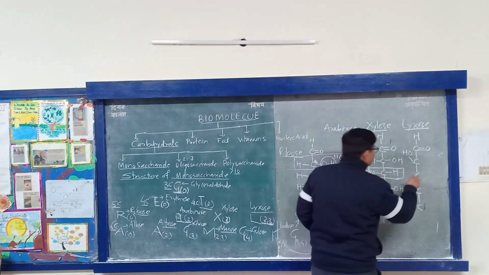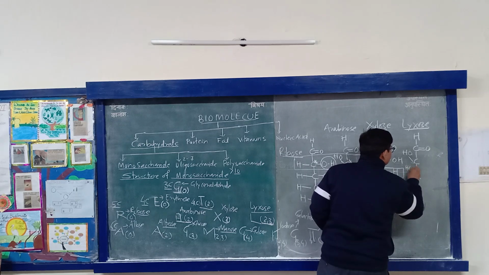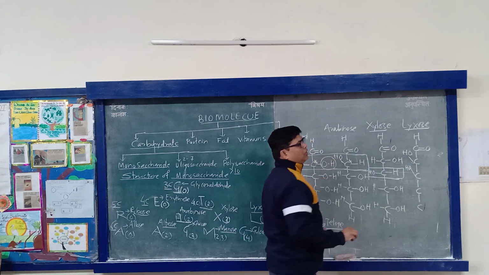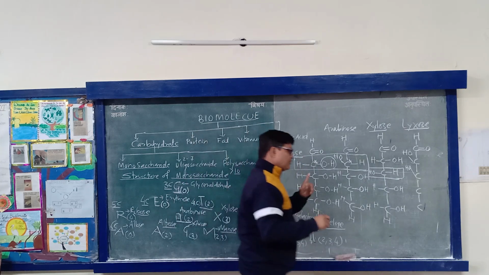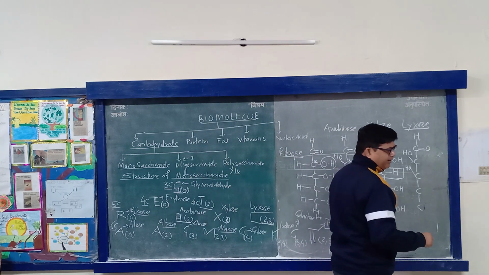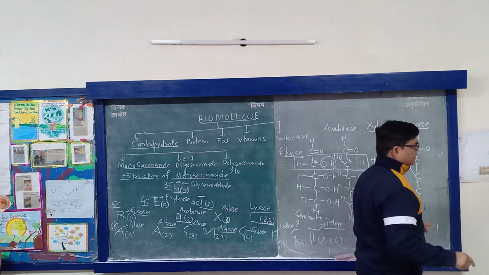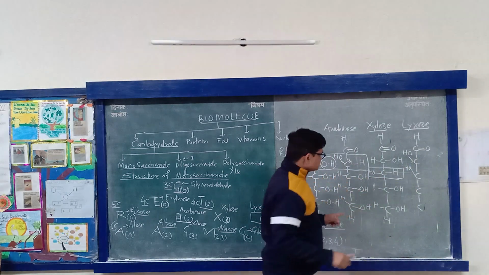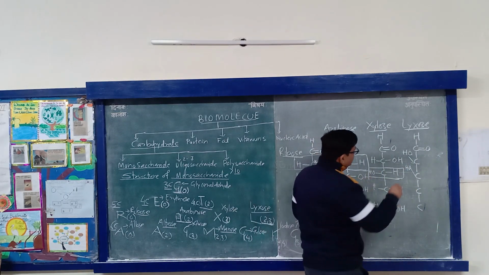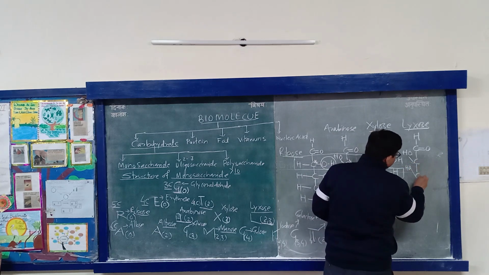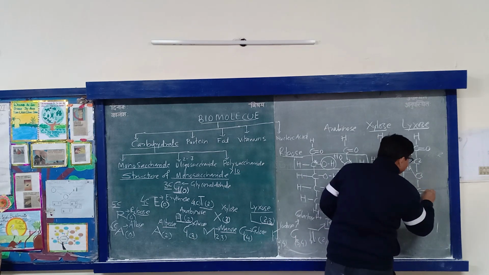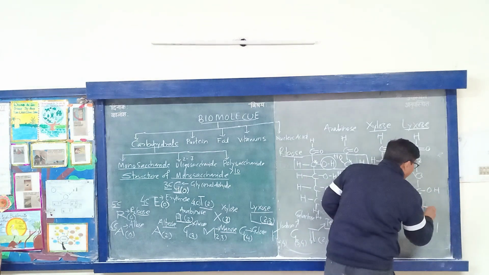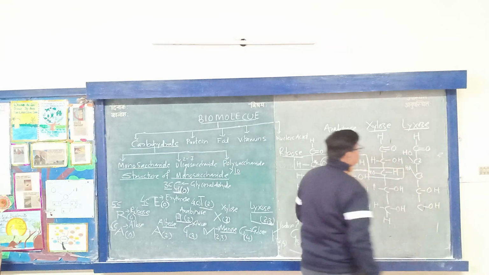Again, at carbon number 3, the hydroxy group is indicated on the left side. So at carbon number 2 and carbon number 3, you have to draw the hydroxy group on the left side, and on the rest of the carbons you have to indicate the hydroxy group on the right side.